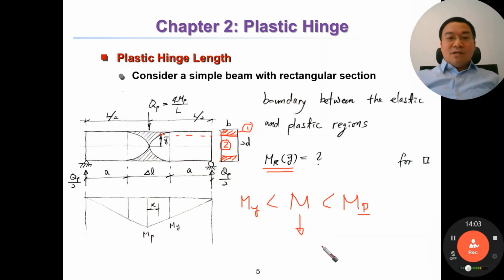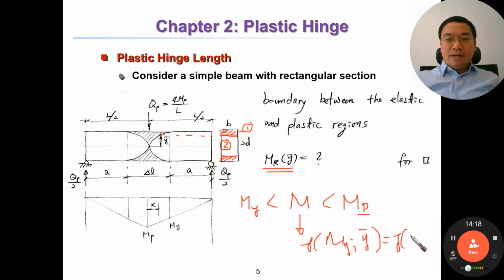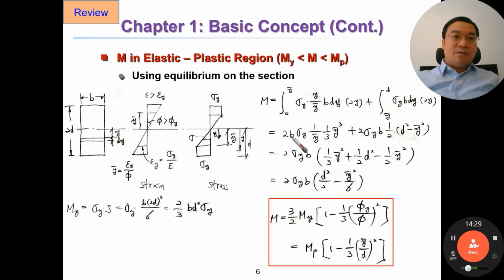M is a function of My and Y applied, or a function of MP and Y applied. I will remind you, it is in the previous week.